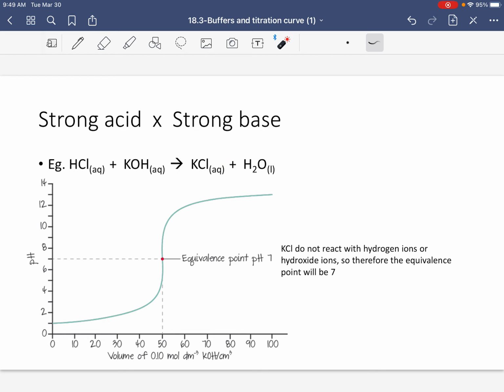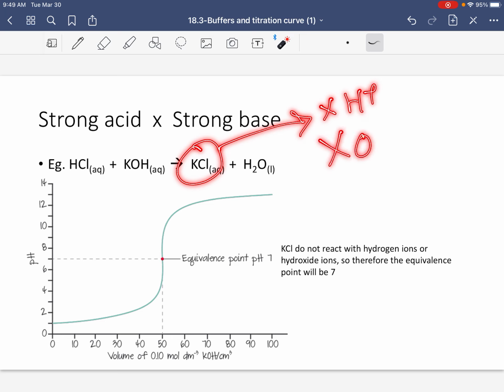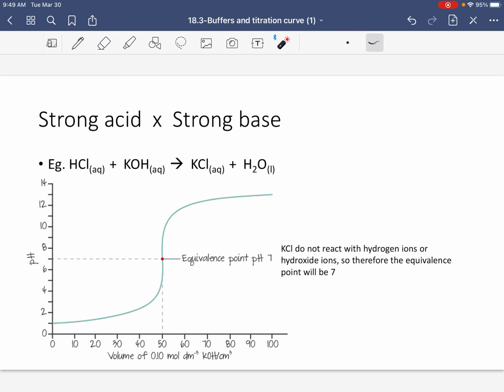It does not react with the H plus or OH minus. This guy is going to say no to H plus. It's going to say no to OH minus. So that's why this reaction will always be going this direction. And the equivalence point is always going to be 7. Because you're not going to go backwards.